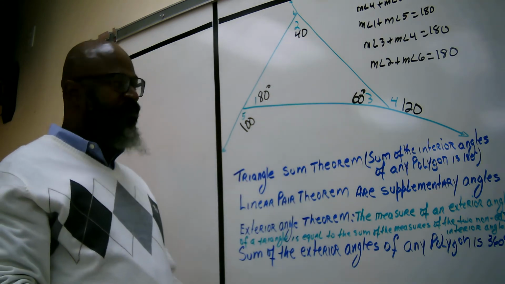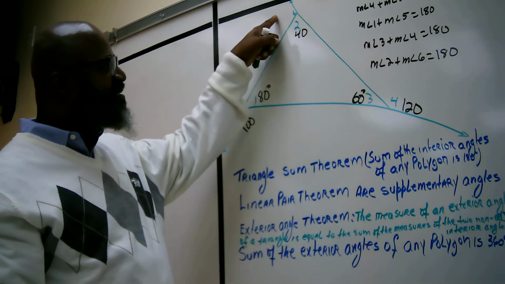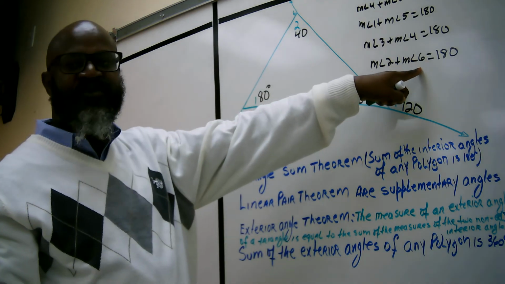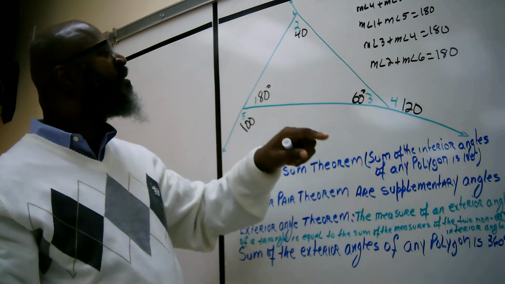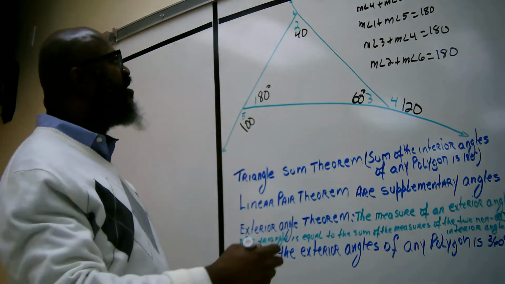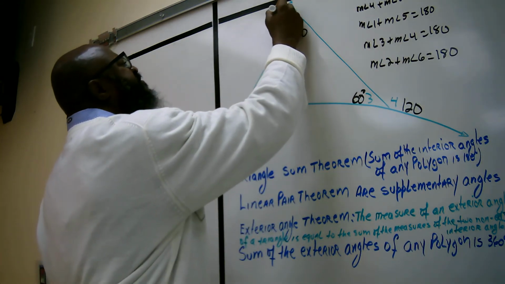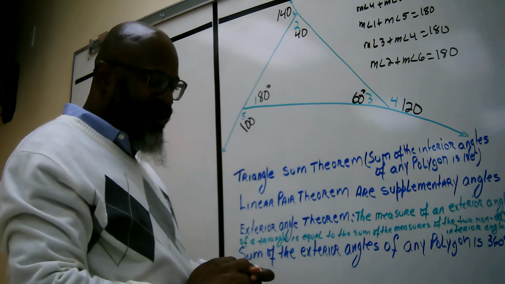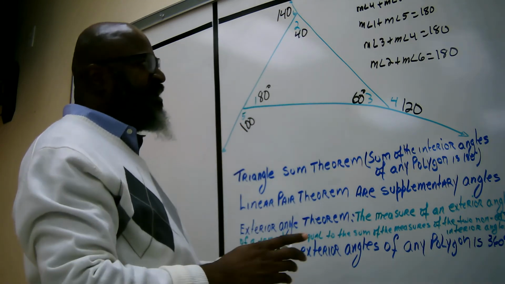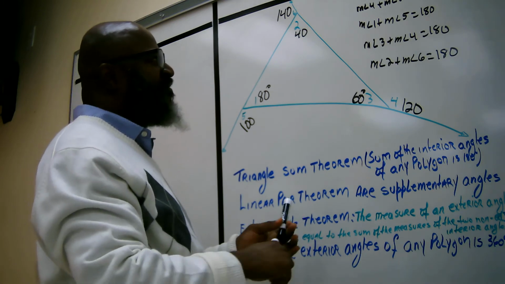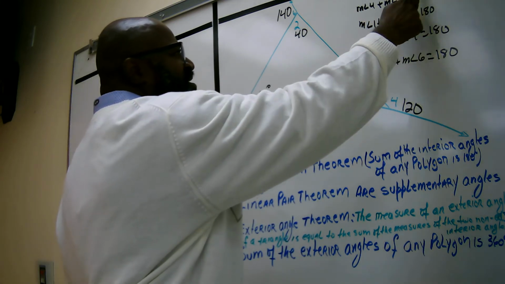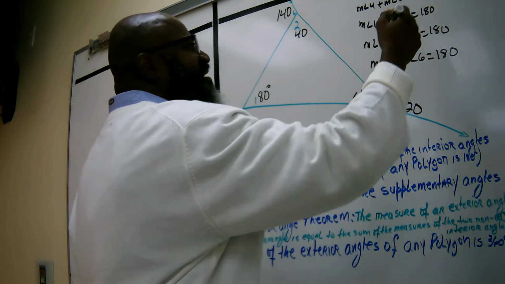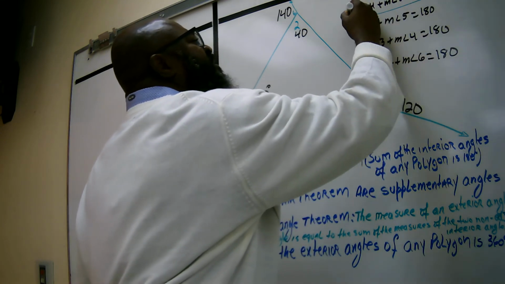So based on that, I can find angle 6. The measure of angle 2 plus the measure of angle 6 is equal to 180. Therefore, this will give me 140 degrees. So what I want you to pay attention to is this theorem, which says that the sum of the exterior angles of any polygon is 360, and let's verify that.